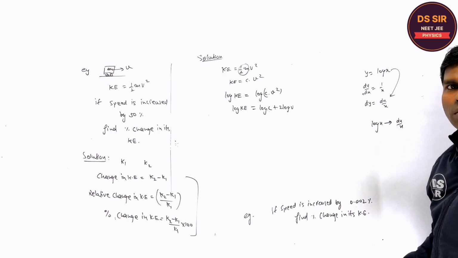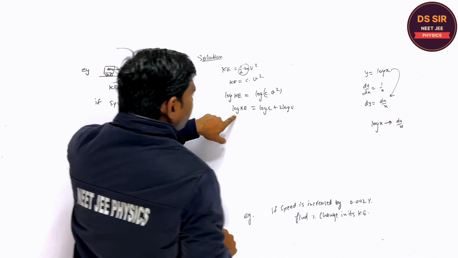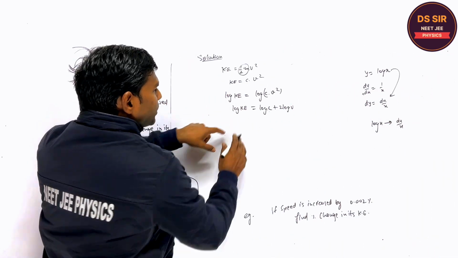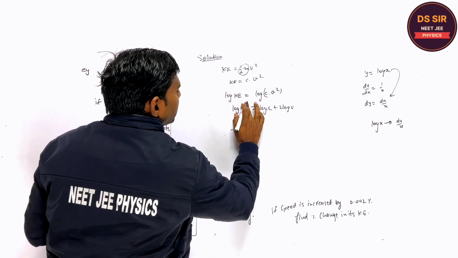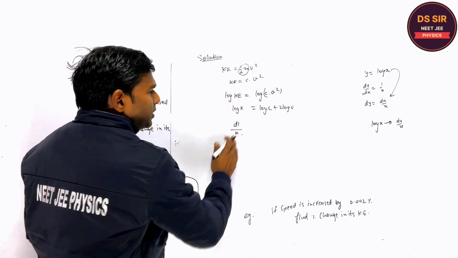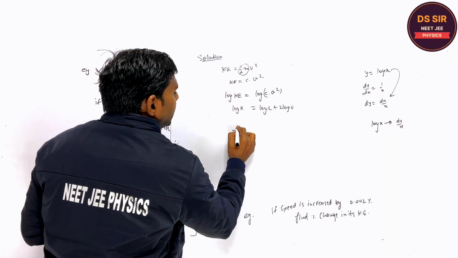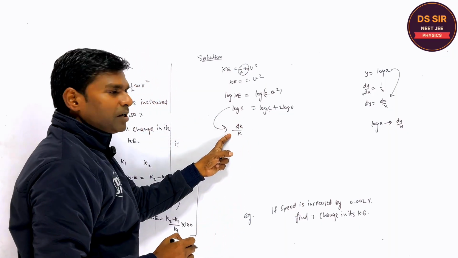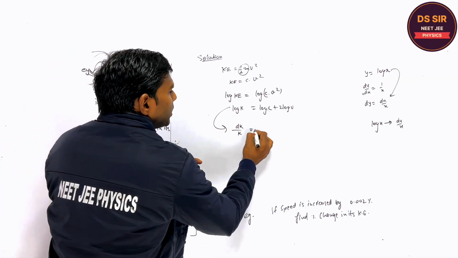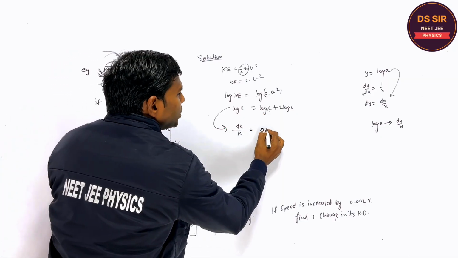In the same way, the differentiation of log kinetic energy, I am writing this simply as K, is dK upon K. What is the differentiation of a constant? 0.